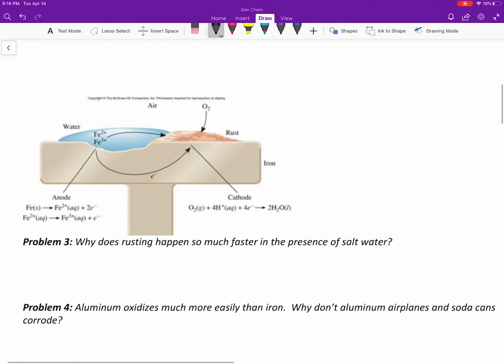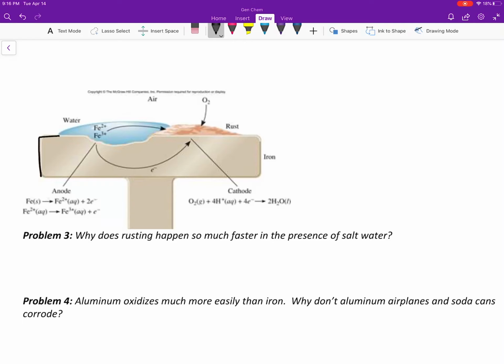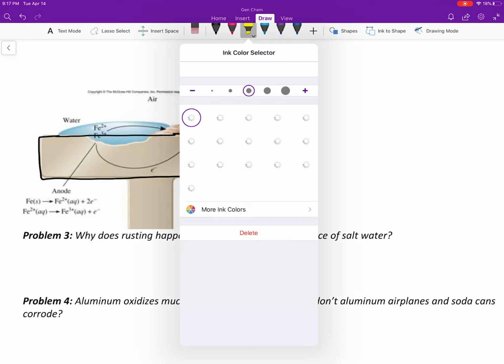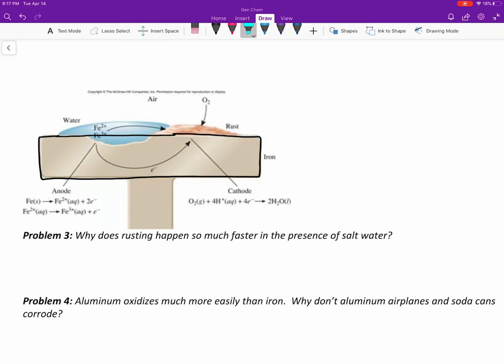The way that this works is, say that this is your metal object right here, whatever it is made out of iron. And at one point, you may have had a coat of paint. The paint was protecting this iron object, or a coat of another metal that doesn't corrode or oxidize easily.